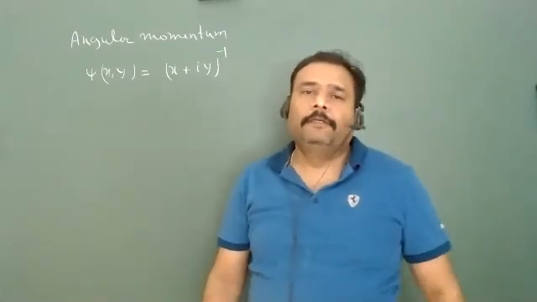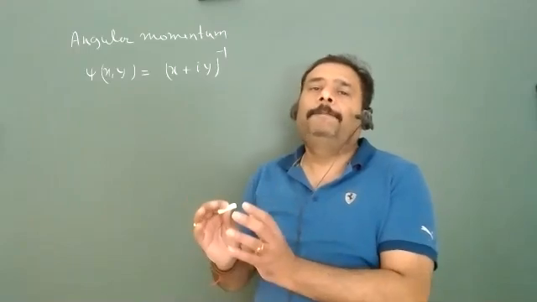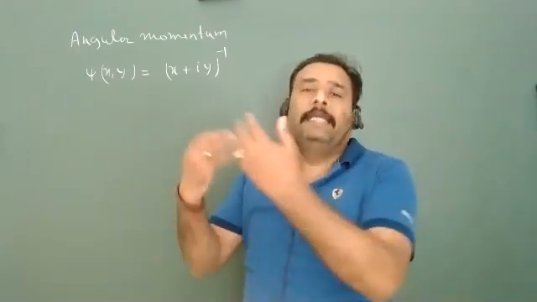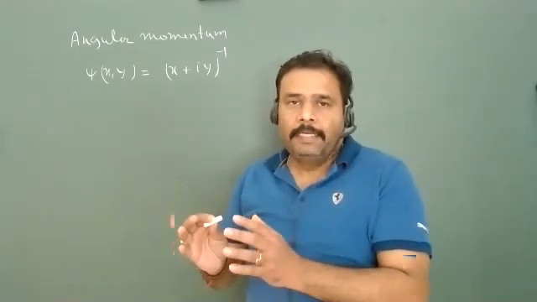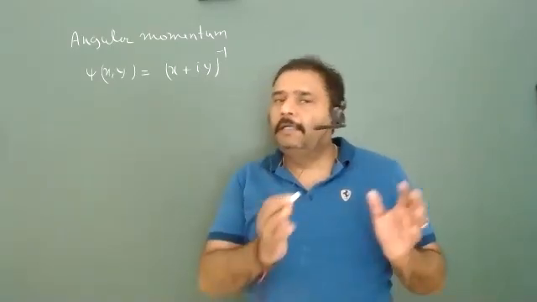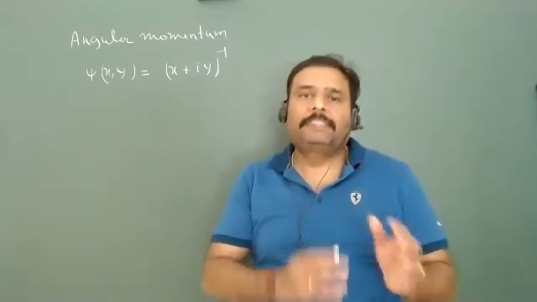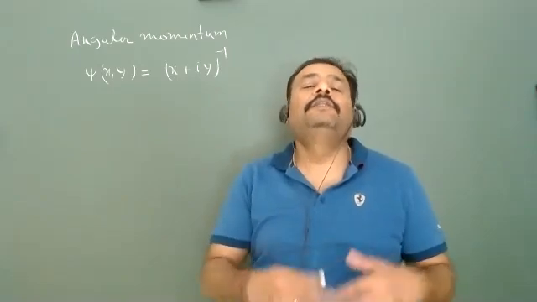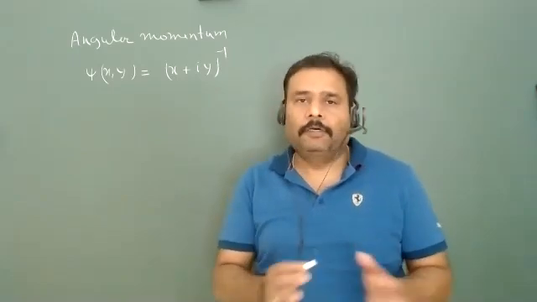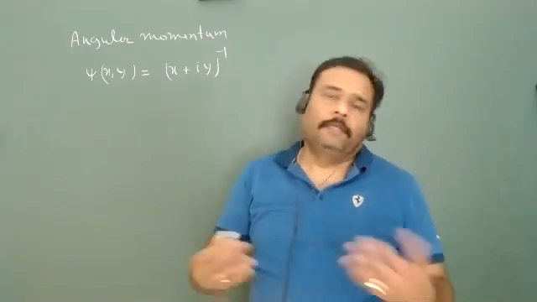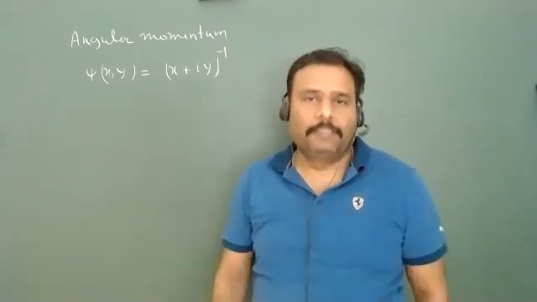For the Lz part, you will just see the proportion of e to the power i m phi, and for the L square part, you just see the theta part.